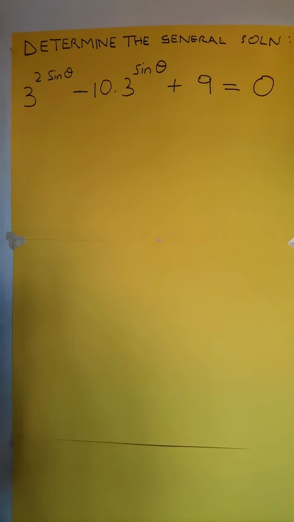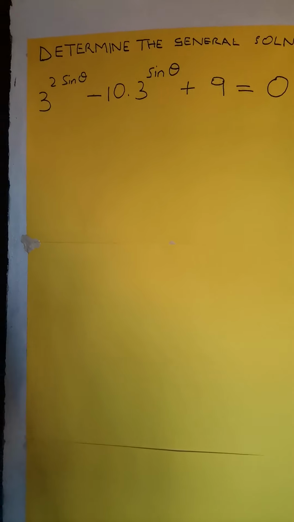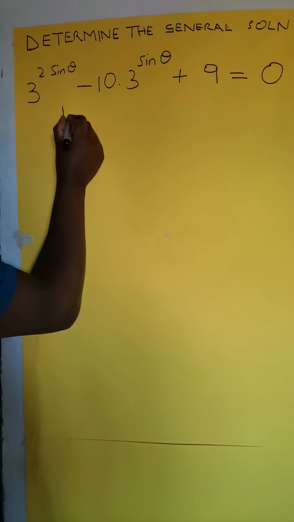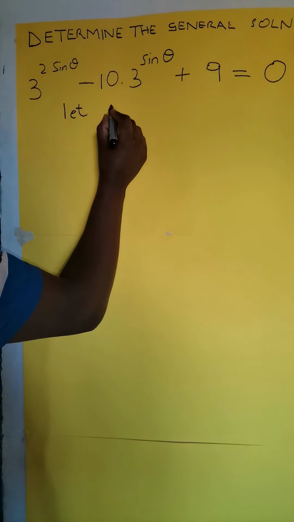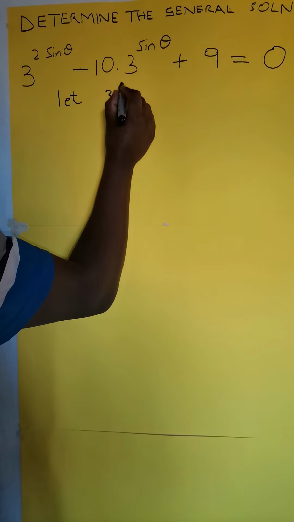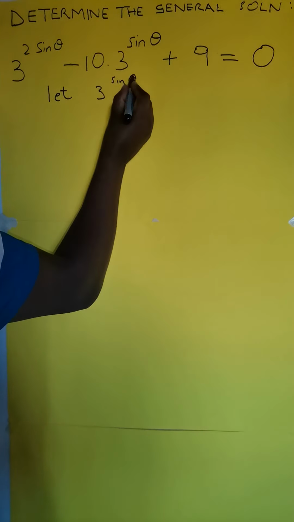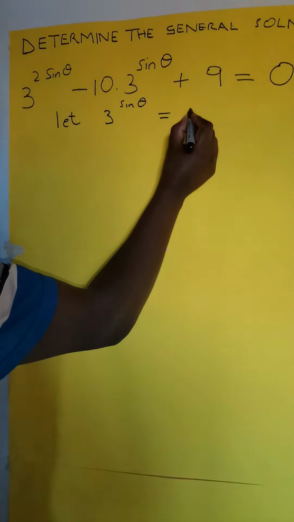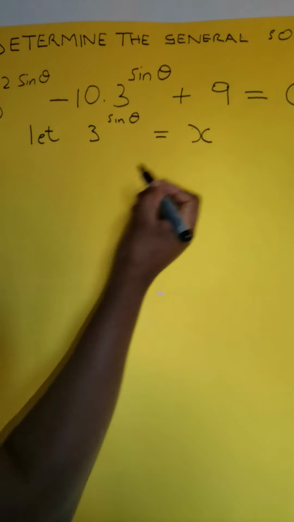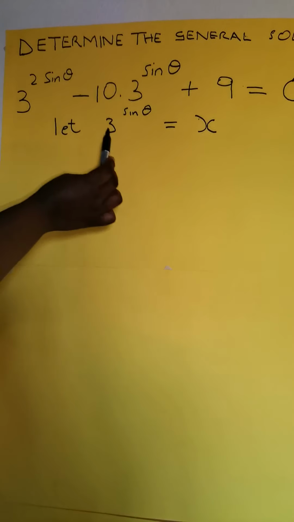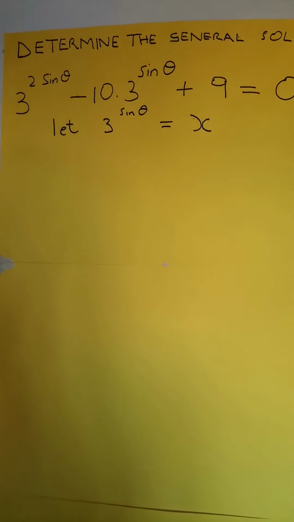So if we say, let 3 to the power sine of theta equal x, right? So wherever we see 3 to the exponent sine theta, we put an x there.